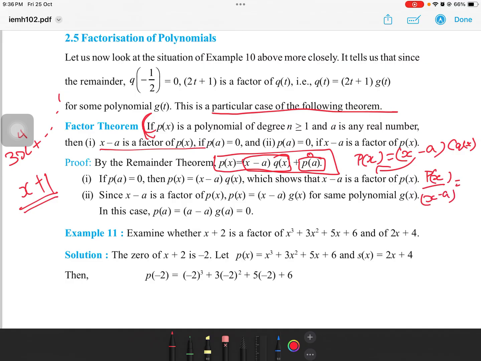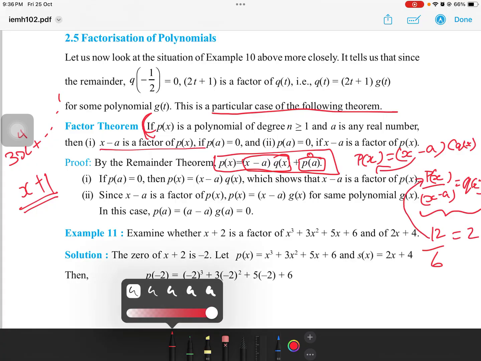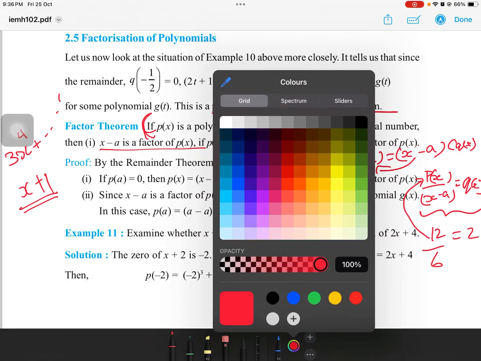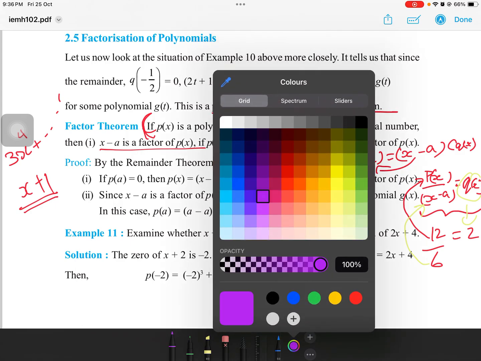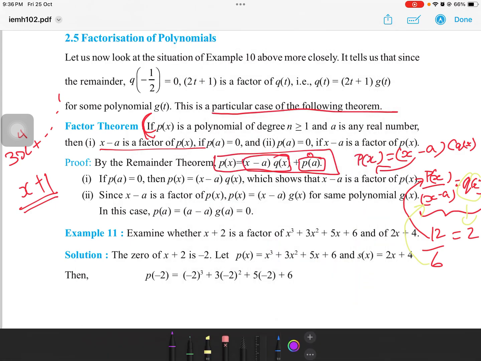P of x by x minus a gives you q of x. You can compare it like 12 by 6 equals 2, where 12 is p of x, 6 is x minus a, and this is q of x.